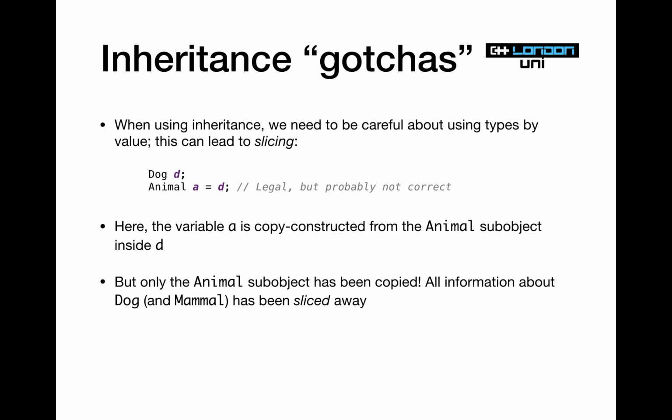Usually you'd want to make this a reference instead. What if you wrote A equals animal? So you moved this word to the other side of the equal sign. Well, then A is like an undeclared variable. The compiler would say, I don't know what A is supposed to represent.